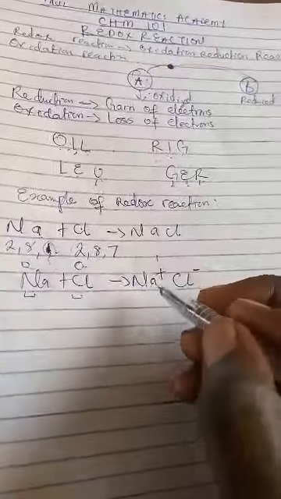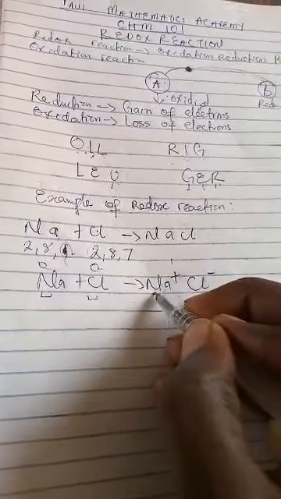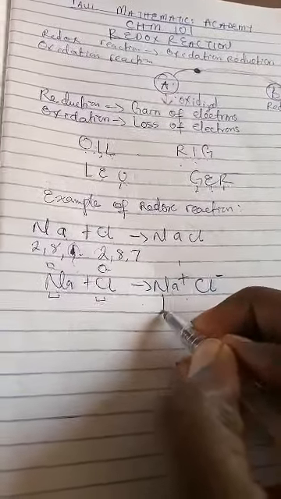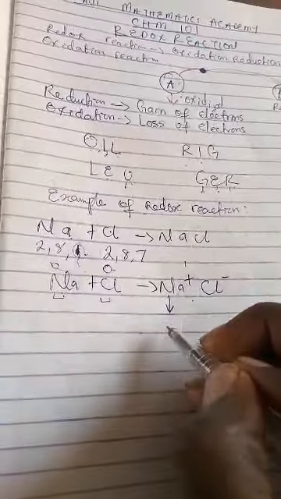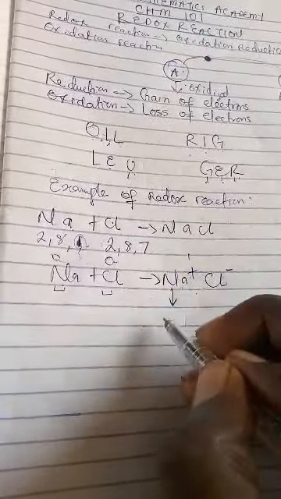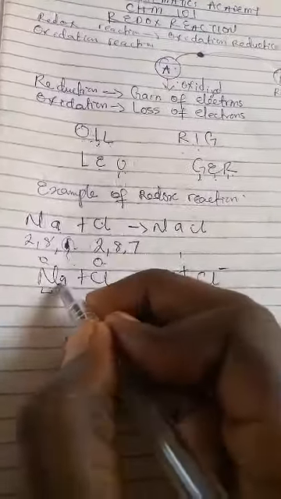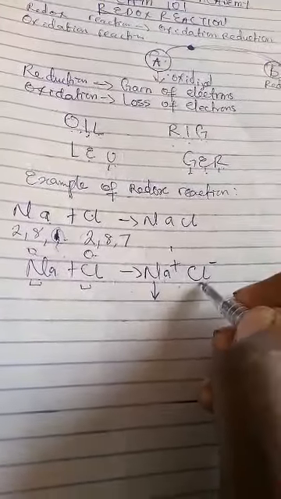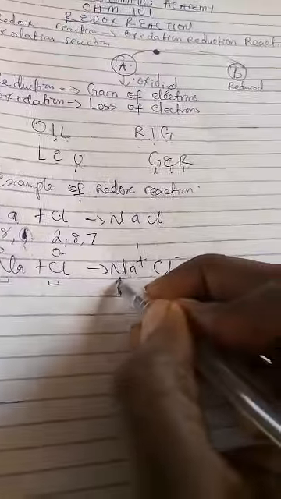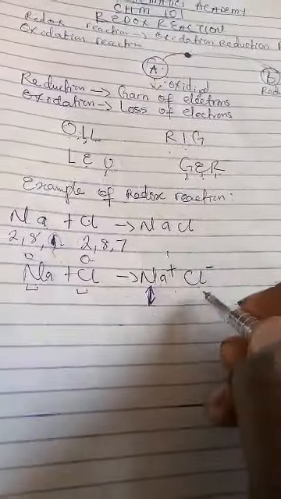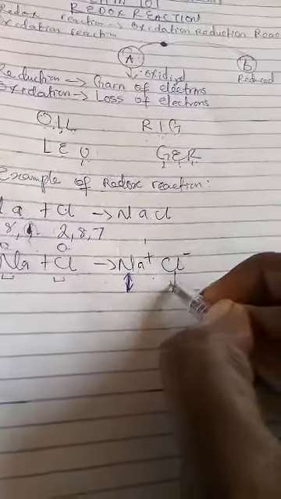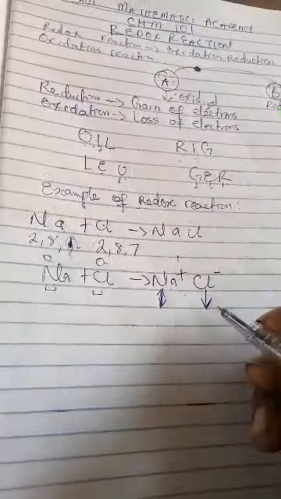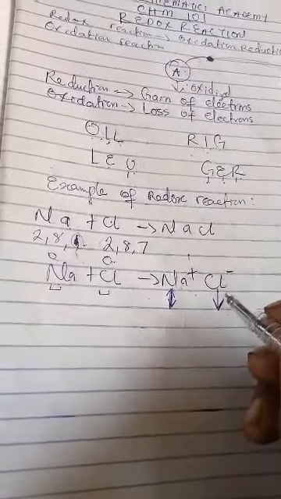So when the oxidation number of sodium increased to 1, that is, sodium has been oxidized. And when the oxidation number of chlorine decreased from 0 to -1, we say chlorine is being reduced.